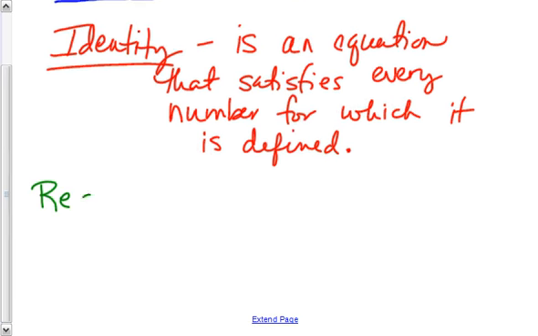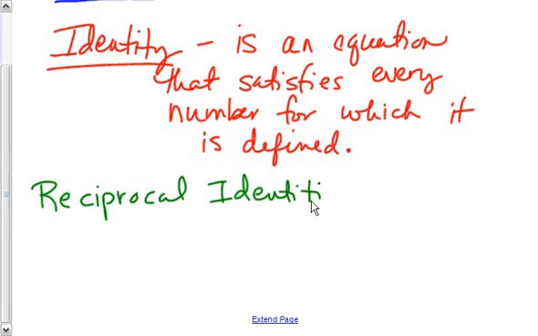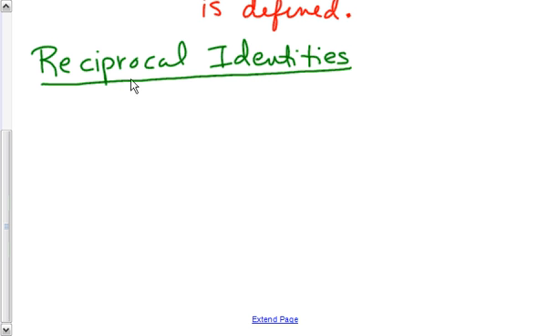Let's talk about the reciprocal identities. These are basically the definitions of the trig functions that you already know. These equations are identities.